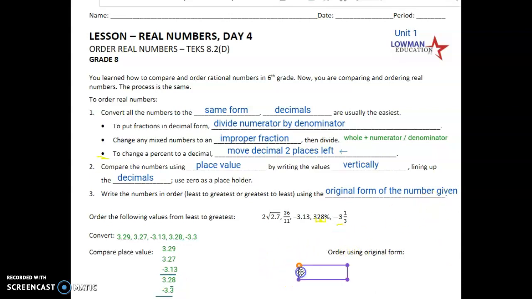So I can go ahead and list that one. So I'm going to do negative 3 and 1/3, because remember, we want to put the original form when we actually start listing them. And then the next negative number, negative 3 and 13 hundredths, is going to be my next smallest number. So we've gotten rid of the negative numbers.